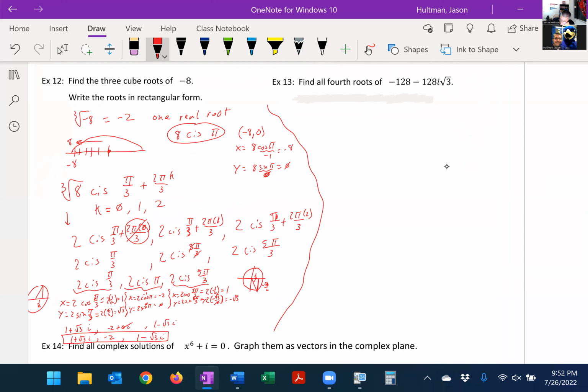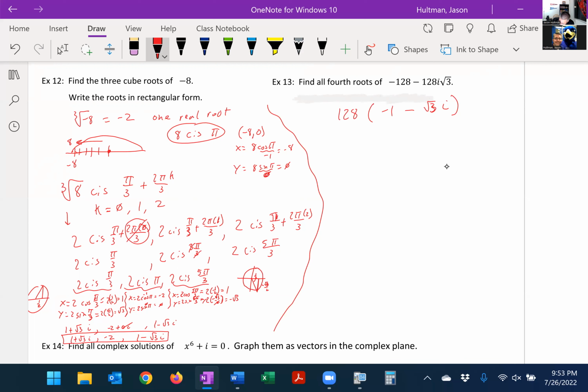I'd like to get it into trigonometric form. So what I'm going to do, first I'm going to factor out that 128. So this is 128 times negative 1 minus radical 3i.